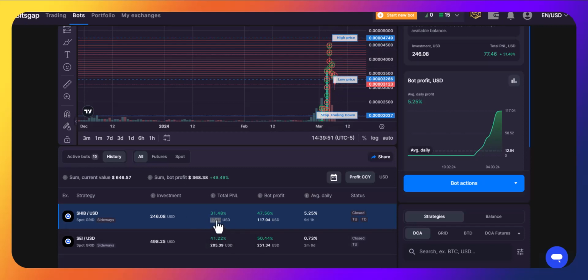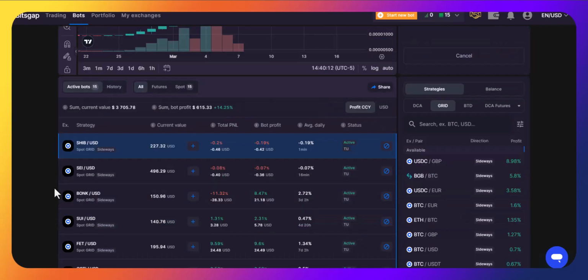Our total was $77.46 here. Our bot over here for SEI was $205.39. And that's pretty daggone good for 2 months that this ran, and 9 days it was earning 5% for us. So we'll just let these now run and begin generating more cash flow for us.